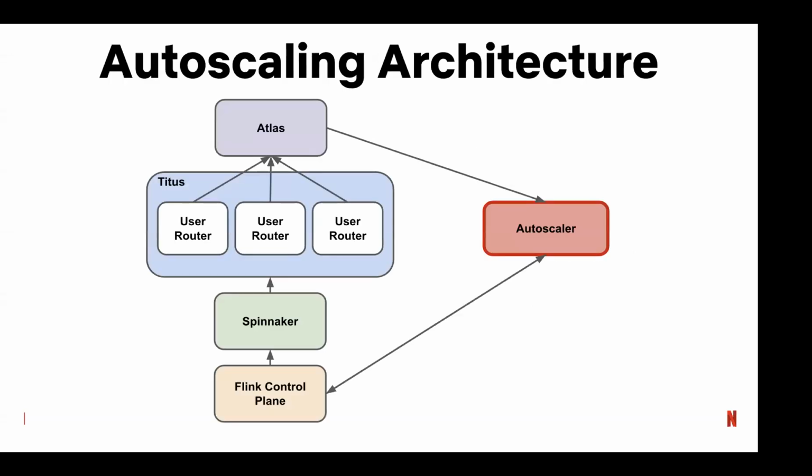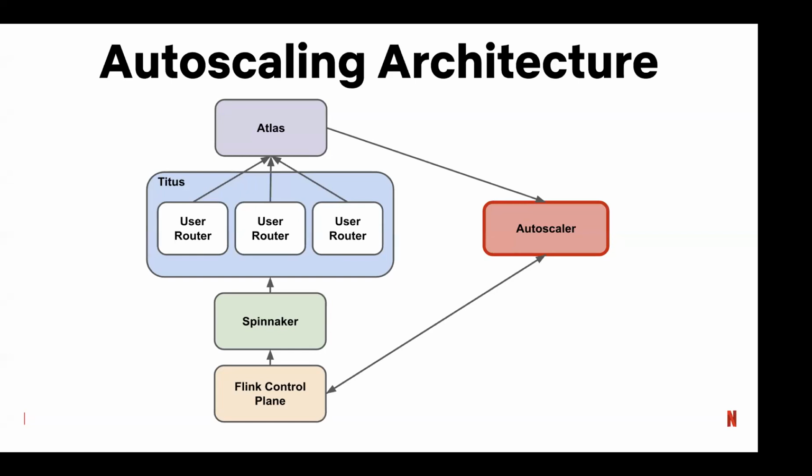So we implemented auto scaling. This is the high level auto scaling architecture. So the Flink jobs, the routers, run in our container platform called Titus, and the routers publish metrics to Atlas, which is our metric aggregation platform at Netflix.